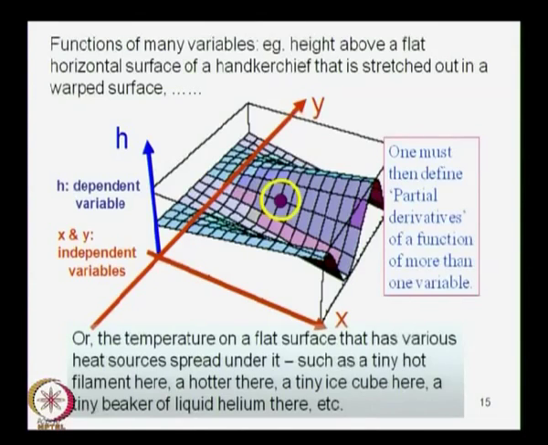So, here is a function of two variables, and in this case you will have to define what are known as partial derivatives, and these are mathematical quantities of great importance.